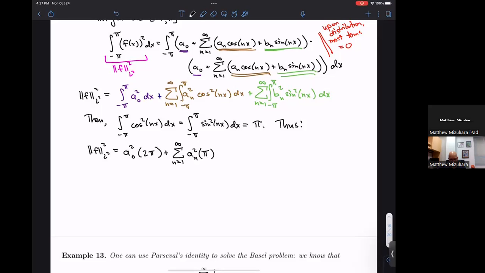Plus, now the green term, the sum of the sines. Same thing, the b_n squareds all pull out. The integral of the sine squared will again become just pi.